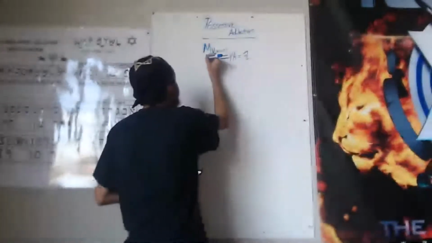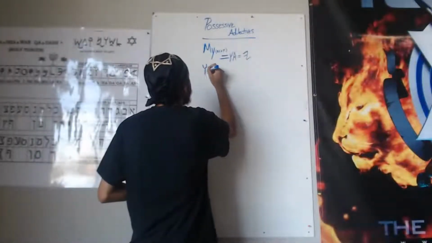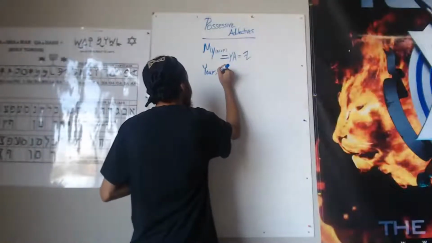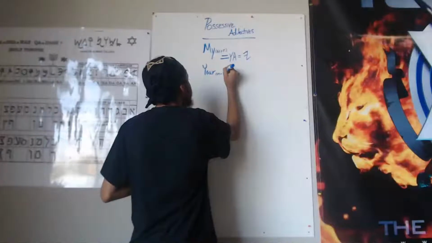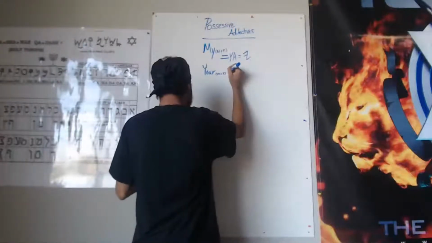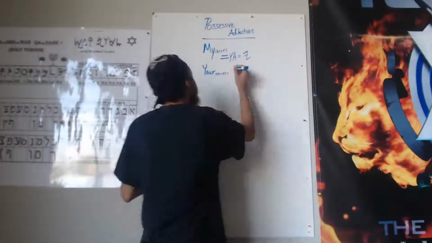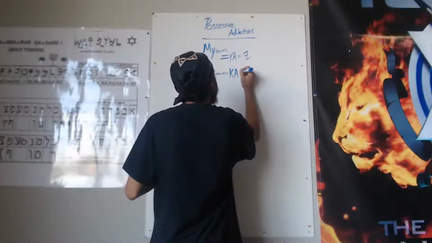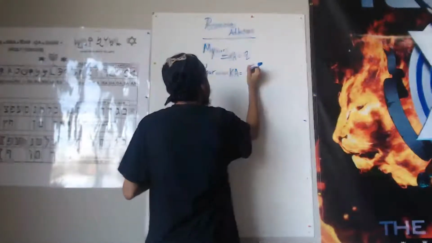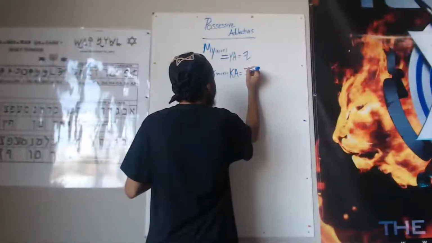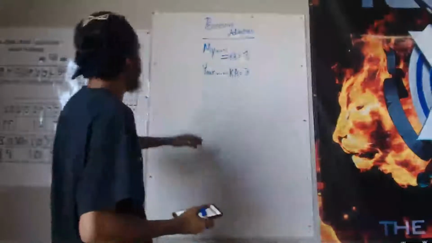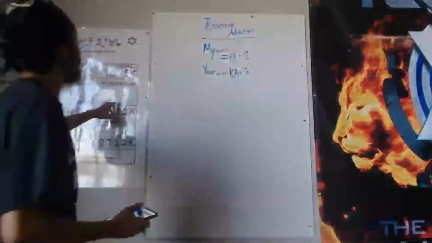Now we have "your." It's masculine and feminine, which is Ka. This is how it looks in the Hebrew, and it is also on our chart over here.